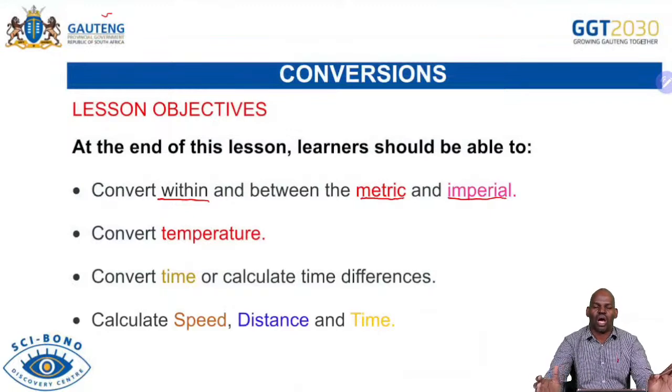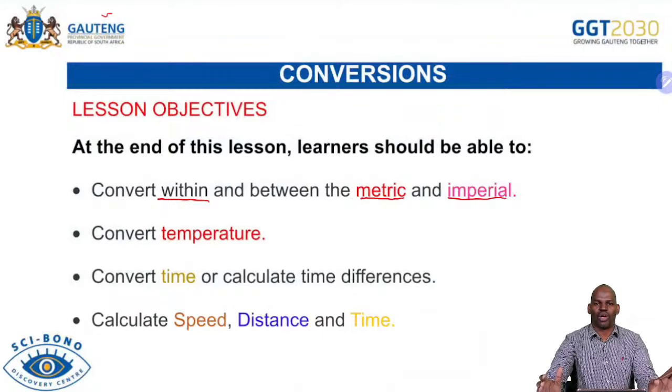Remember, metric units are those units that we use in South Africa. Those are local units. If you have to convert between kilograms and grams, milligrams and grams, kilometers and meters, or millimeters and centimeters, that is conversion within metric units.